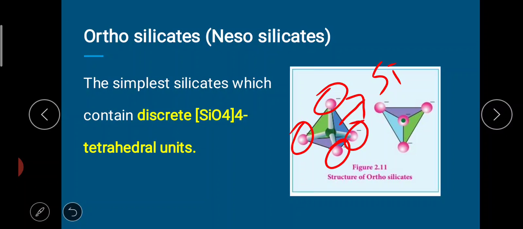Is it clear, children? So in the middle you have 1 Si and then 4 oxygen, so O4. Totally 4 charges, 4 minus.